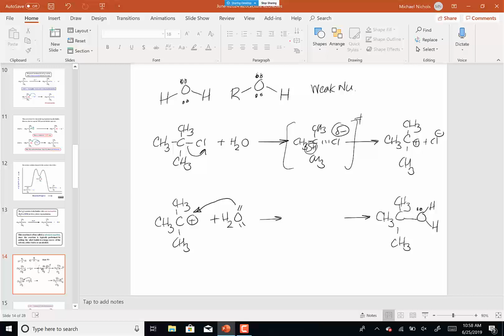It has 6 shared electrons, so it's got 2, 4, 6 electrons that it's sharing. It owns one of each of those bonds. So carbon came with 4, it now has 3, so it has a positive 1 charge. That fourth one that was owned is gone. Chlorine took it. And so now if it wants to form a bond, it's got to find an atom that's going to basically give it both electrons because it doesn't have one to give.